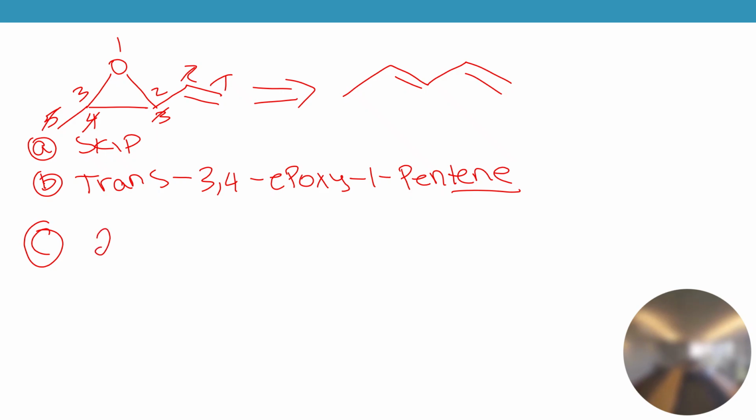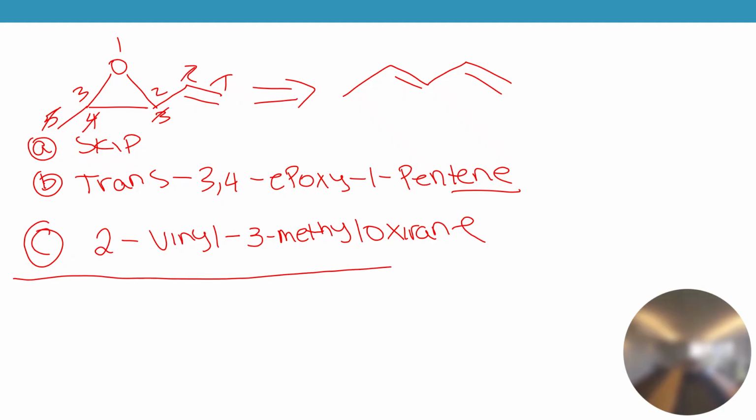Okay, so we have a 2-vinyl, 3-methyl oxirane. All right, so that's it for the epoxides.